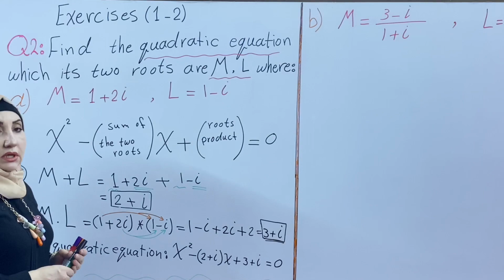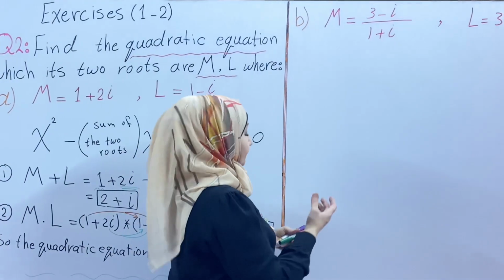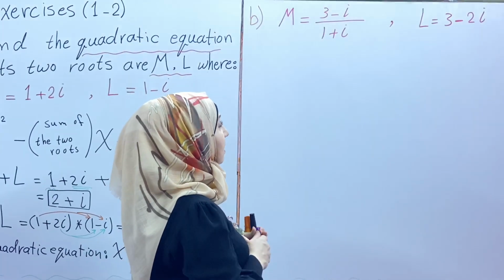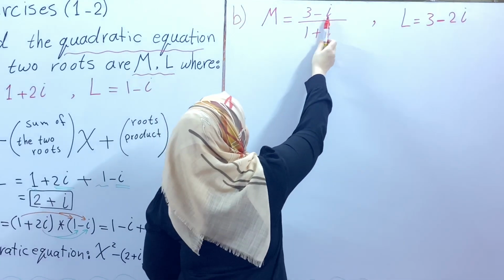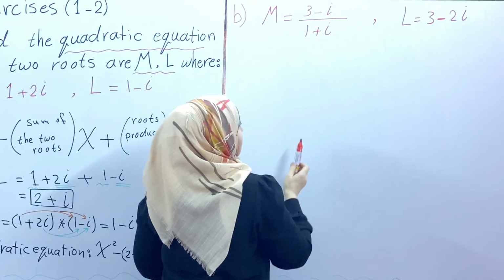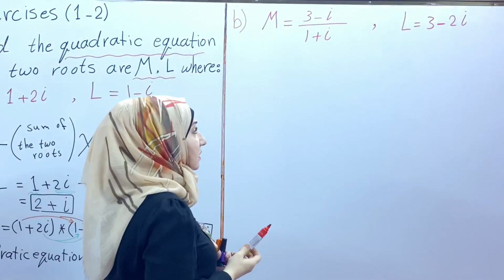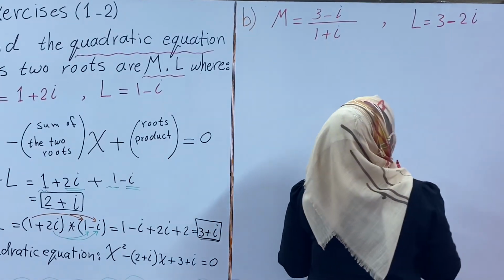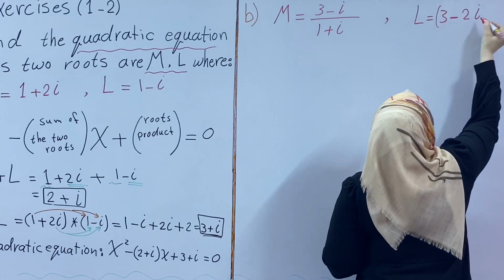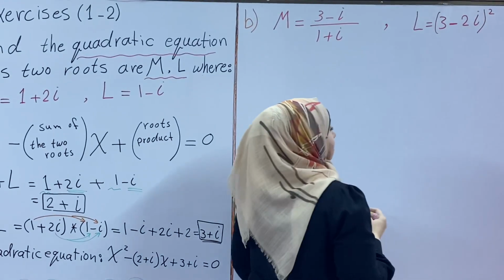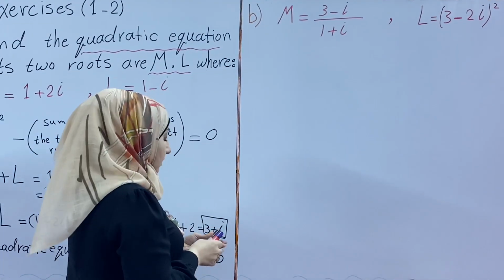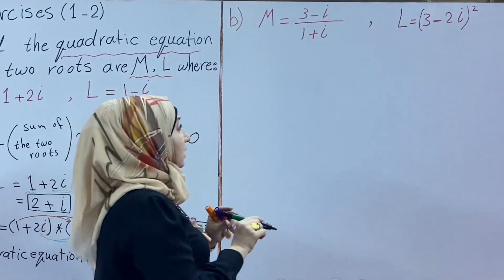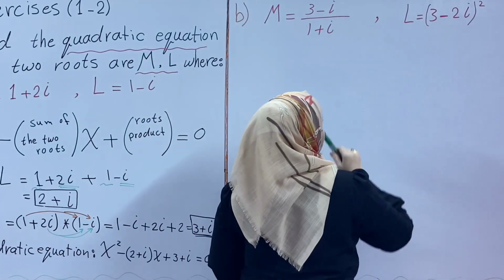And now we can solve section B. Section B, the two roots m and l are: m equal 3 minus i on 1 plus i, which is a fraction value, and l equal 3 minus 2i, squared. And now we can also write the law of the quadratic equation whose two roots are known.